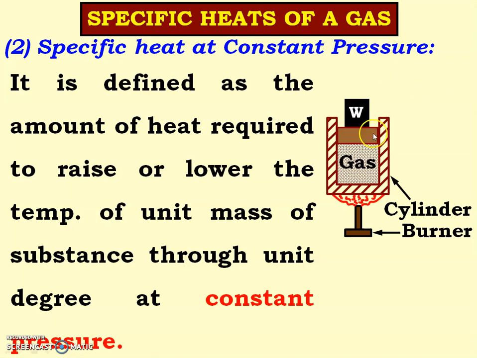And here the volume is not constant; the volume of the gas increases. So whatever heat is supplied, it is utilized in carrying out two functions. One is to increase the temperature of the gas, and the second is to increase the height of the piston, or doing the work. So that is the specific heat at constant pressure.